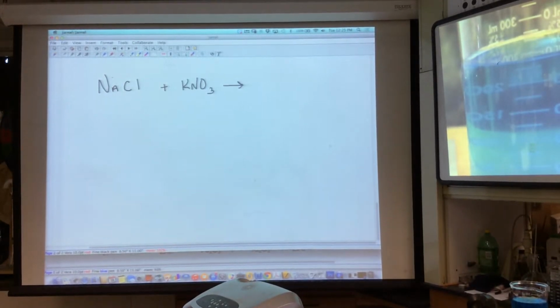Yeah, double replacement. So Na is +1, chlorine's -1, potassium's +1, nitrate's -1 complex. So we would write sodium nitrate. Oops, I forgot the Na, NO3. And then I would have potassium chloride.